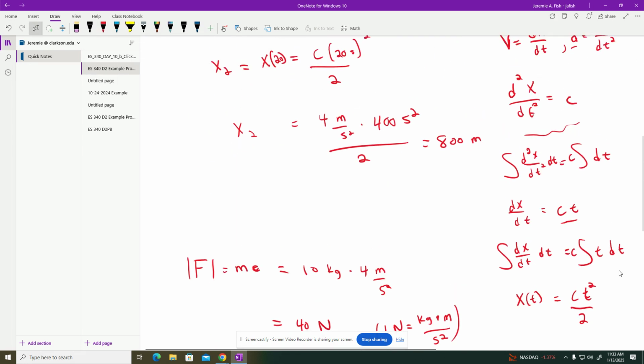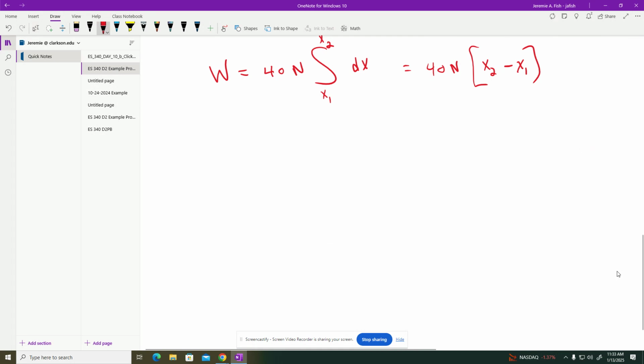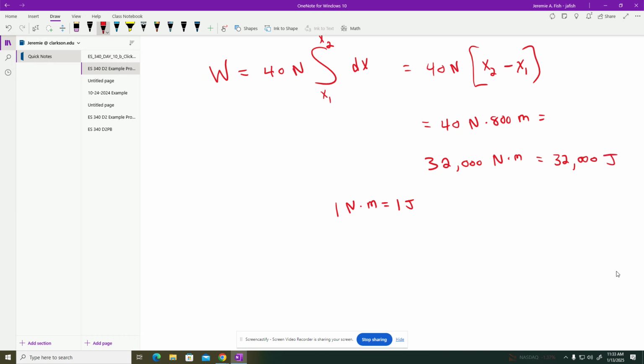Well, x1 is 0, so that's simple, and x2 is 800 meters, so 800 minus 0. This is going to be 40 newtons times 800 meters, which is equal to 32,000 newton meters, and 1 newton meter is equal to 1 joule. So that means this is equal to 32,000 joules.